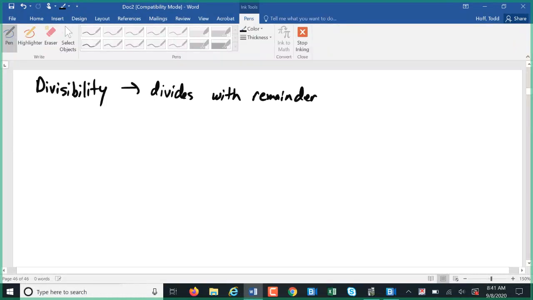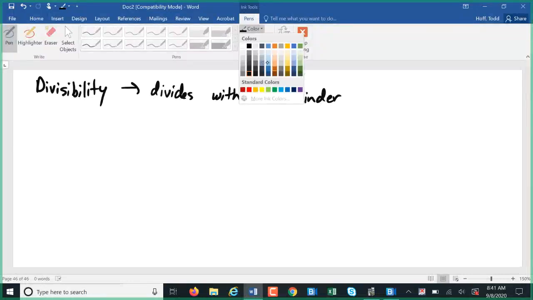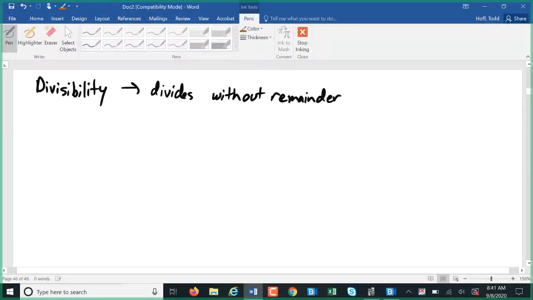Now, there are a lot of other ways you could state that. You could say it divides and gets a whole number answer, or it divides without a fraction or decimal. Means the same thing.